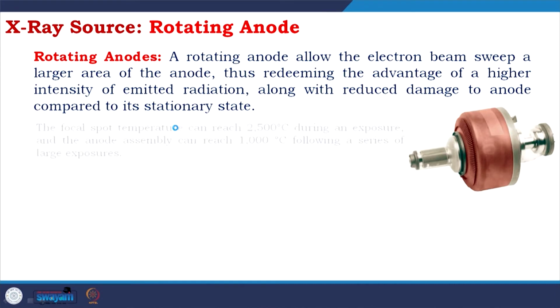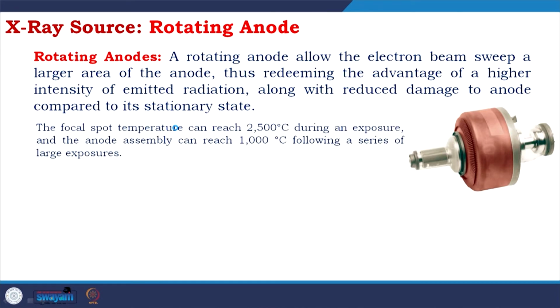So, it rotates so that the heating is not in one area, when the electron is coming and hitting. The focal spot temperature can reach 2500 degrees centigrade during an exposure, and the anode assembly can reach 1000 degrees centigrade following a series of large exposures.